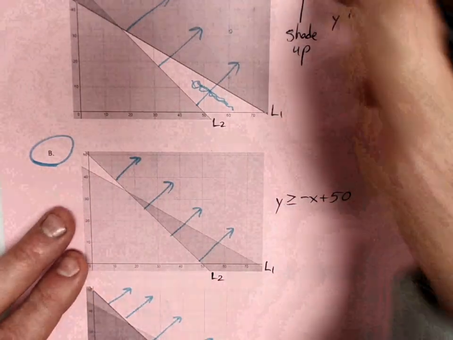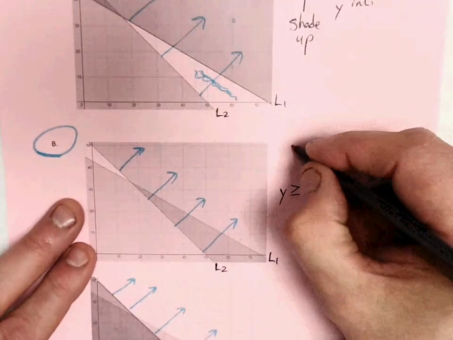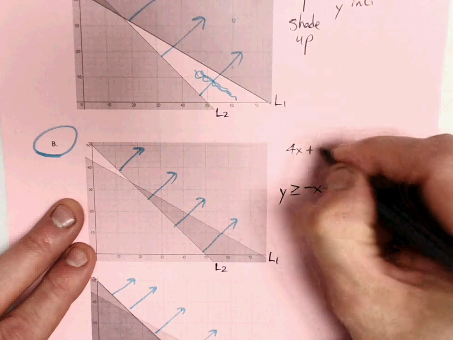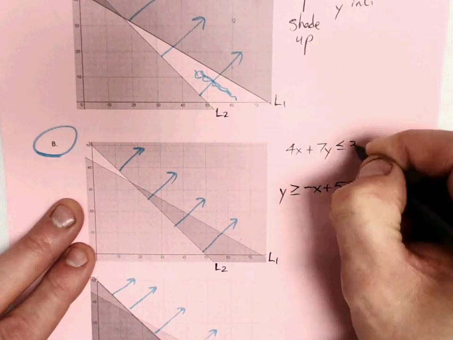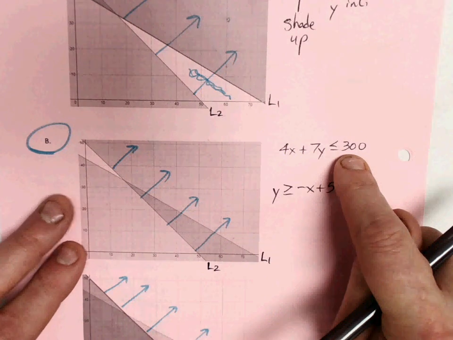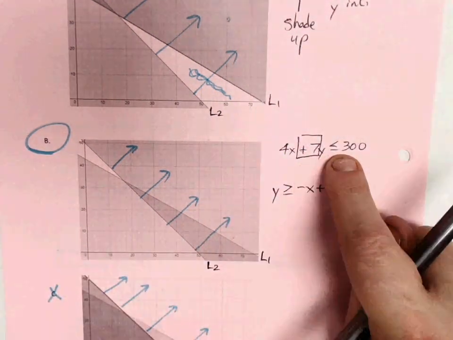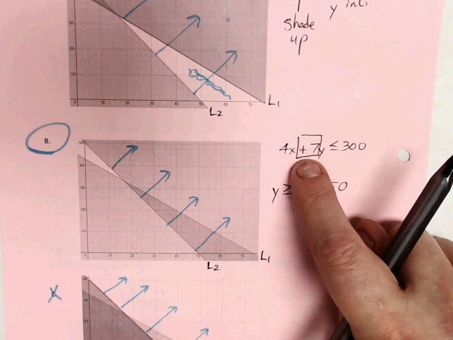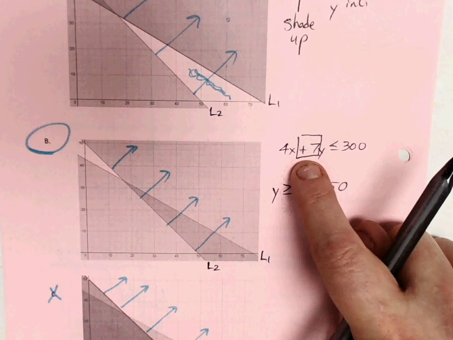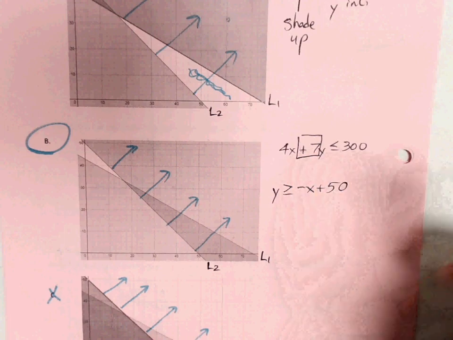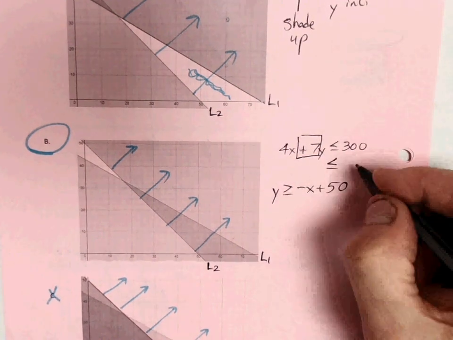Now if we look at the other inequality, just to verify, 4x plus 7y is less than or equal to 30. I'm not even going to solve this for y. All I'm going to do is look right here and ask myself, does the sign switch? Does the less than symbol become a greater than symbol? Because I'm going to have to divide by 7. The answer is no. This one is going to say less than.